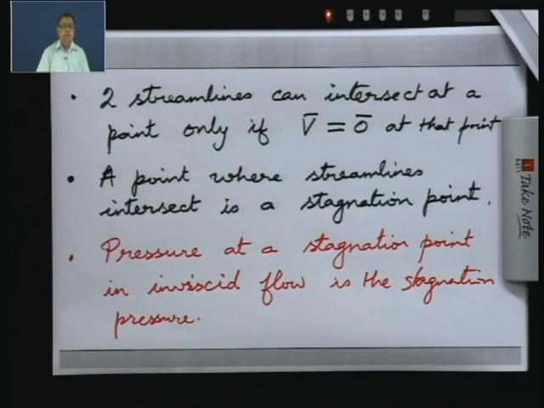So, if you can measure the pressure at a stagnation point, you have the stagnation pressure, and there are certain situations where the stagnation pressure does not vary from point to point. So, you get the stagnation pressure at all points if you can locate the stagnation point and measure the pressure at that particular point. Now, let us see how this helps us in measurements.